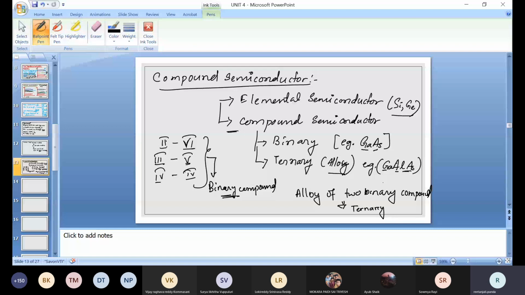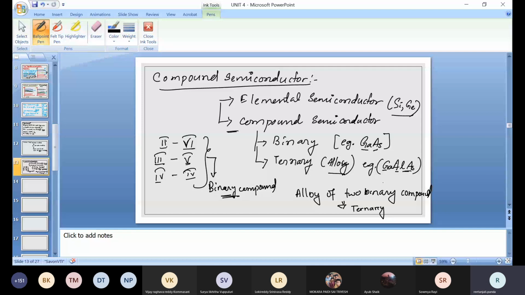They might be from third and fifth, or second and fourth, like that. So don't get confused between extrinsic semiconductors and compound semiconductors. A compound semiconductor may or may not be extrinsic, but an extrinsic semiconductor will always fall under the category of compound semiconductor. Remember this point.